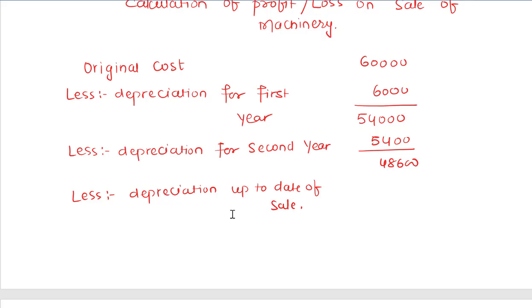So 48,600 multiplied by 10% multiplied by 6 by 12, it is 2,430.